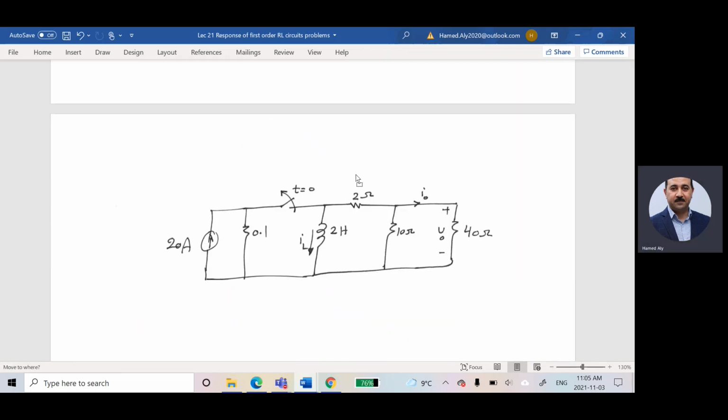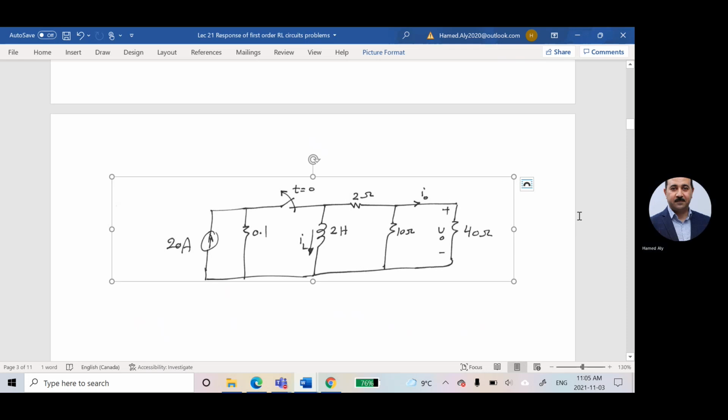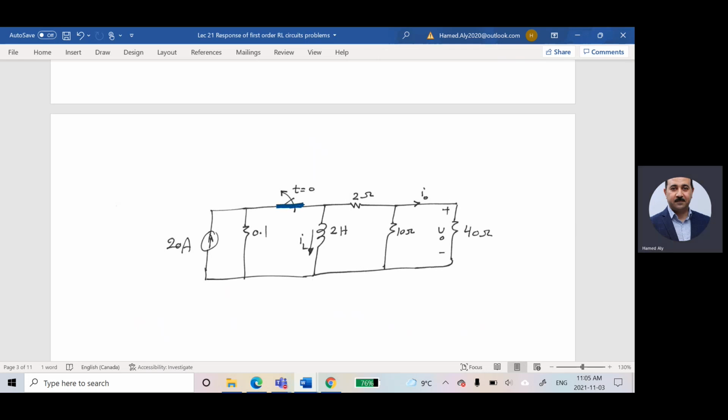So the circuit was looking like this one. Before opening the switch, this switch was closed. So if you look at the circuit, I have a 20 ampere source before moving the switch.